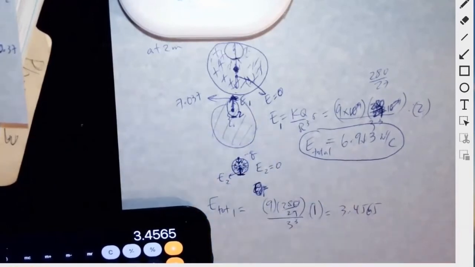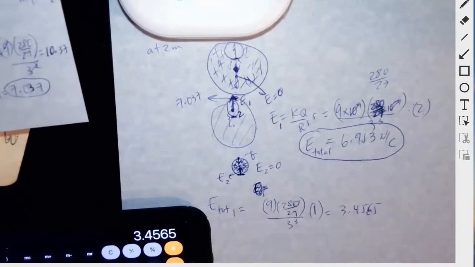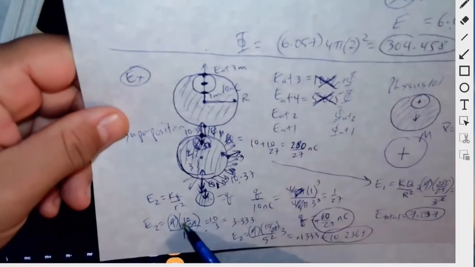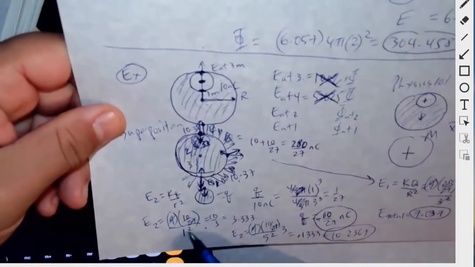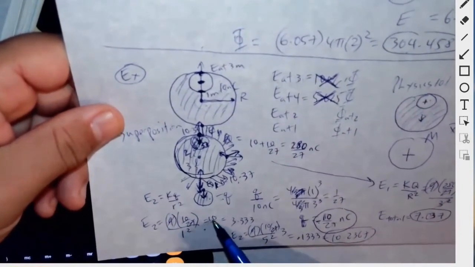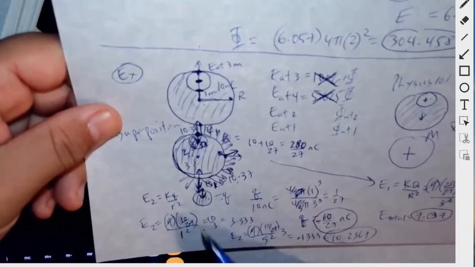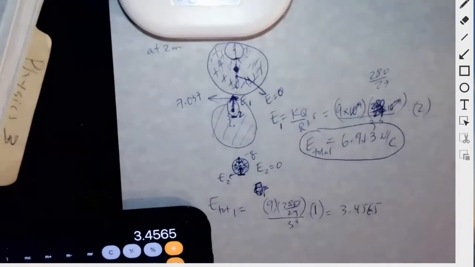So what was the E2 that we got? Was it 3.33? 9 times 10 over 27, 1 squared. Yeah, I think here it is. That's the electrical field at the surface of the negative charge, 3.33.